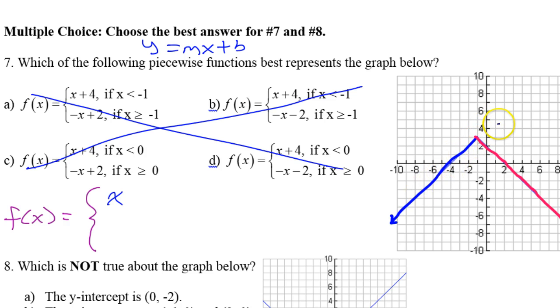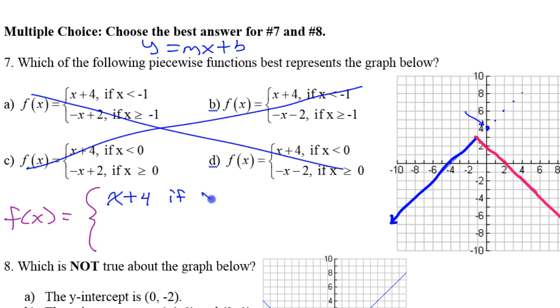Going from left to right, this is going up 1, right 1. Starting here from the vertex, if I kept going up 1, right 1, it's going to hit at 4. So my y-intercept would be 4. So this would be x plus 4.